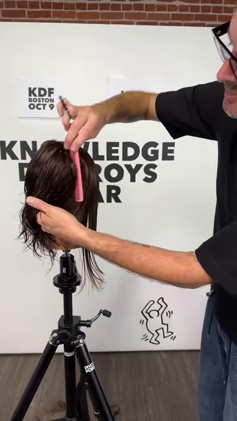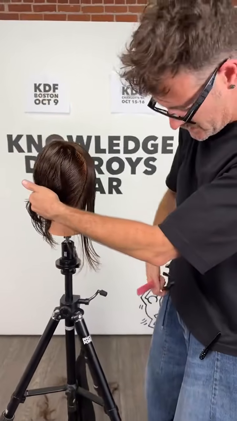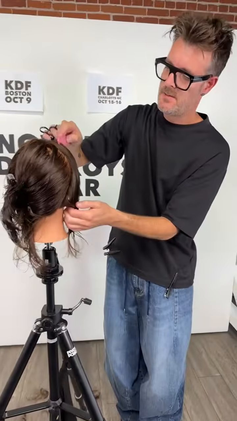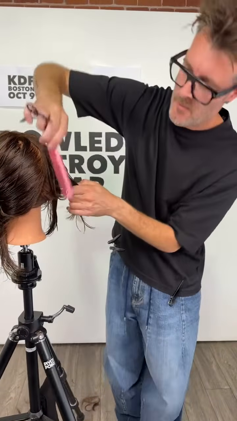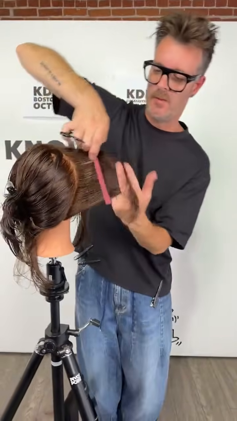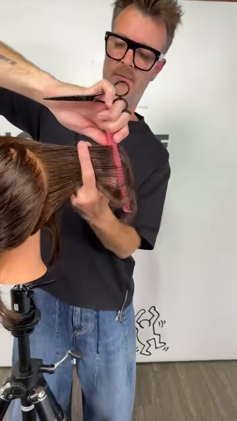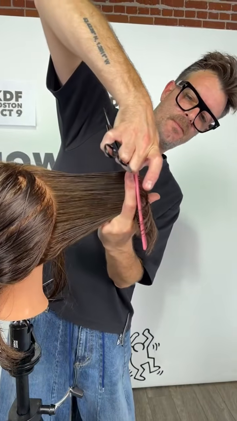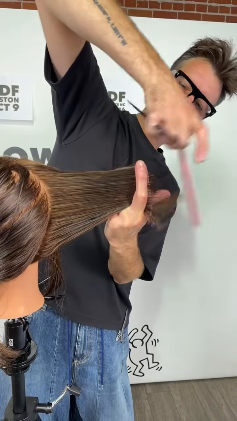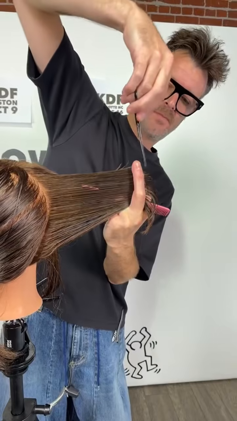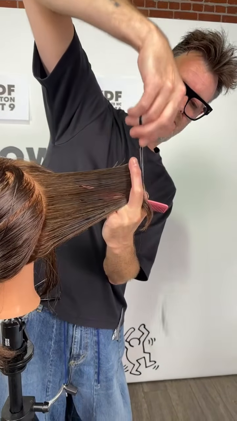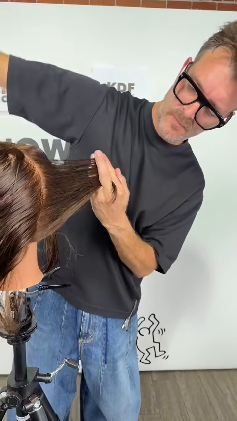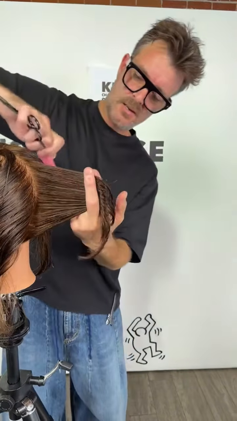So I've decided to square the entire haircut. So to cut everything flat. So I've turned every round plane of the head shape. I've worked against that and I've worked flat. Again, sending it to the wall.